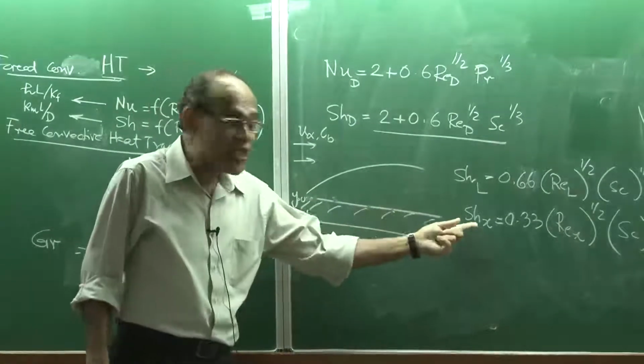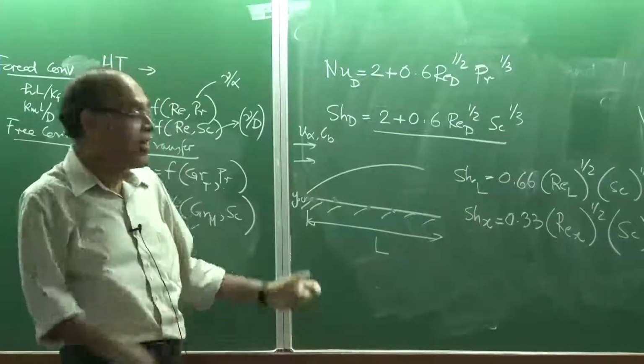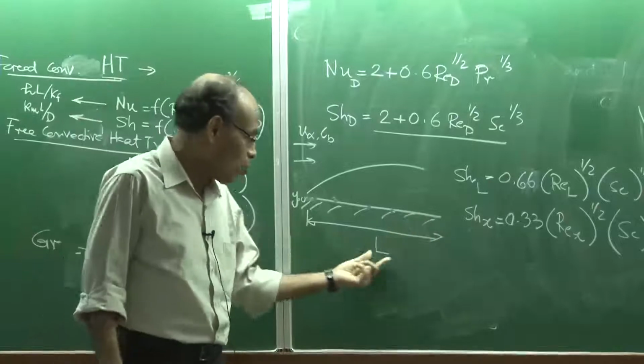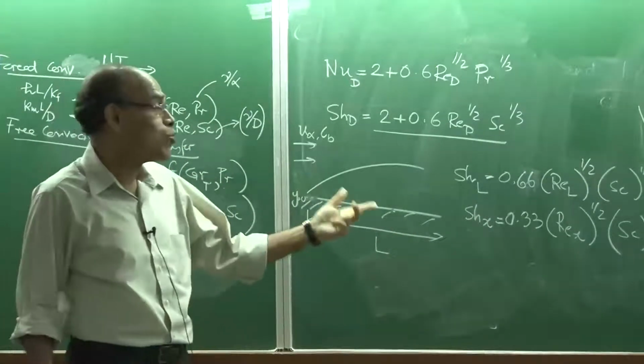And so this gives us the local value of the mass transfer coefficient, and if you integrate that local correlation over the length of the plate, which is capital L, then we should find out the average.